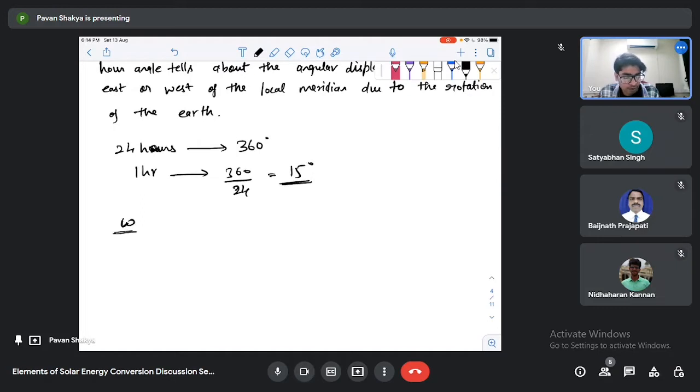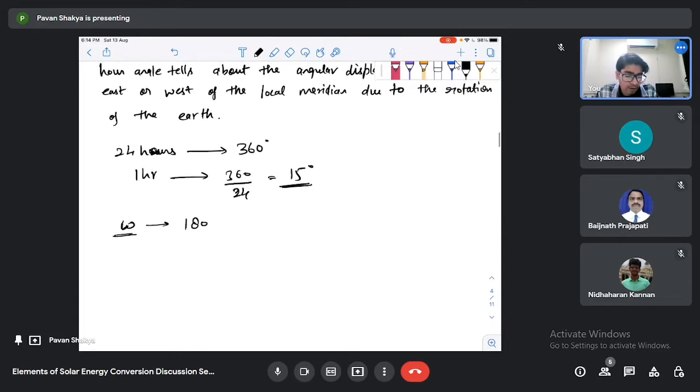As we know, we consider 12 hours of day and 12 hours of night in a day. From this we can say that the hour angle value will vary between plus 180 degrees to minus 180 degrees.